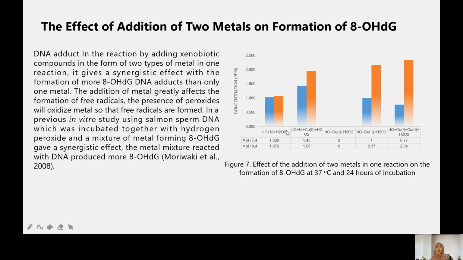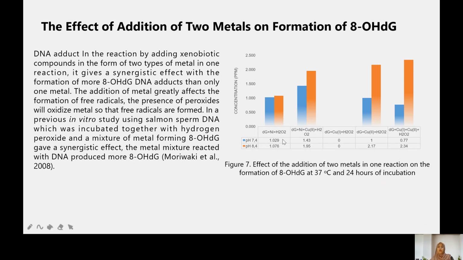And then figure 7 shows the effect of the addition of two metals in one reaction on the formation of 8-OHdG at 37 degrees Celsius and 24 hours of incubation. So with two metals, more 8-OHdG DNA is formed than with a single metal.